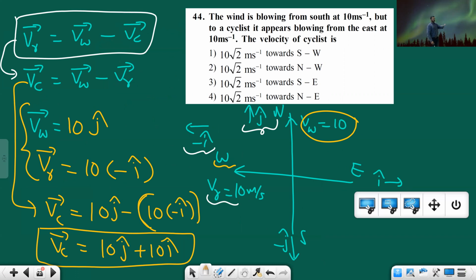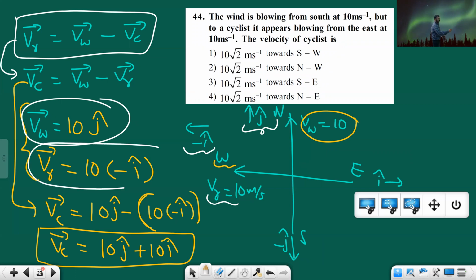I substituted VW bar as 10 J cap and VR bar as minus 10 I cap. Finally, I got 10 J cap plus 10 I cap.